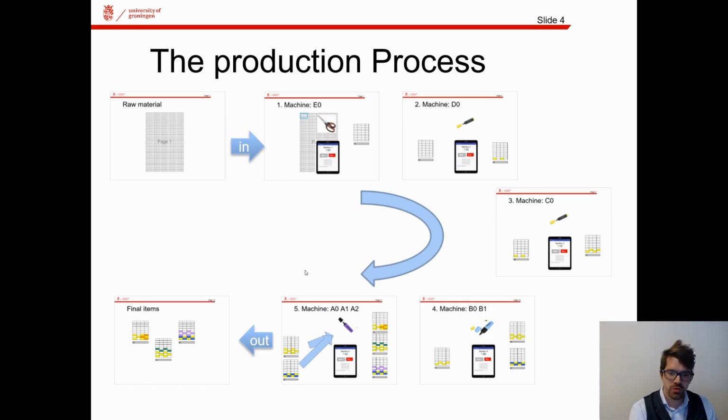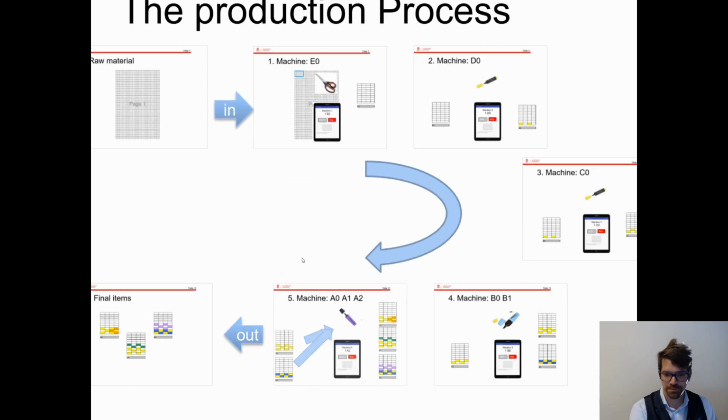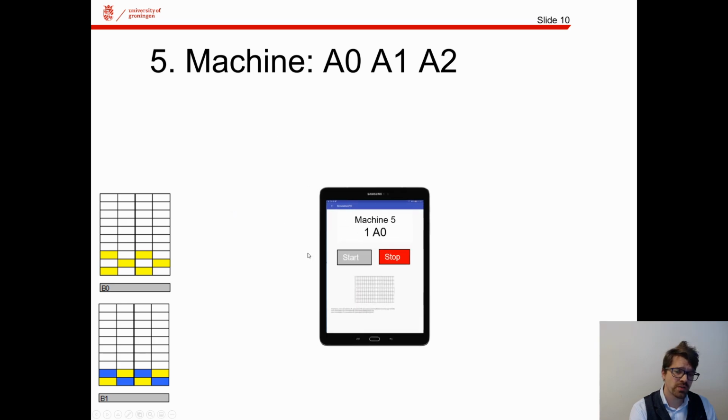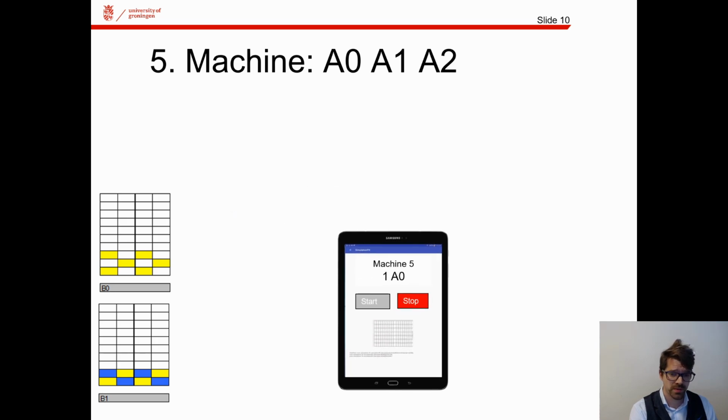And now we jump into machine 5. In machine 5, we are going to produce A0, A1, or A2. And you can see we have 2 different types of raw materials or input materials. So in this case, the production order is very much important.